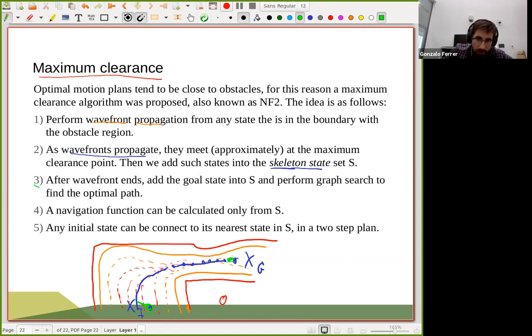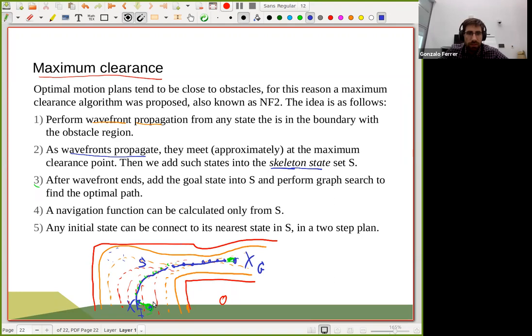And then once you have this subset of states that are only the skeleton, then you do graph search over S, right? So here I'm just writing S. Why is this? Because you don't want to analyze things that are here. You just want to analyze things that are on the maximum clearance path. So you find a path, you try to connect to the path, like for instance in this way, and then you are just doing standard graph search.